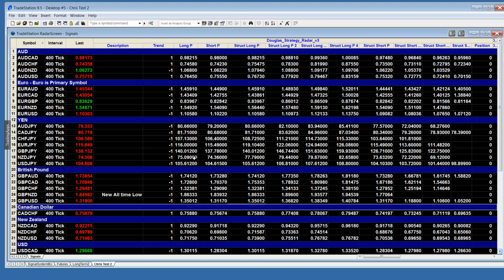Let's take the yen pairs. I'll show you a couple of the yen pairs. So let's look at the Aussie yen. 80.66 to buy, 79.20 to sell.